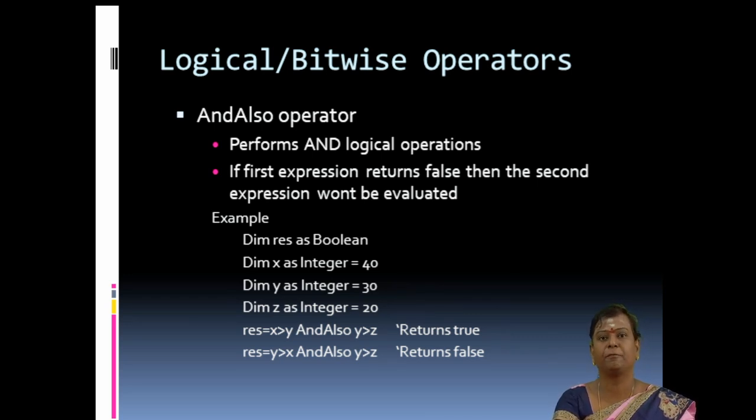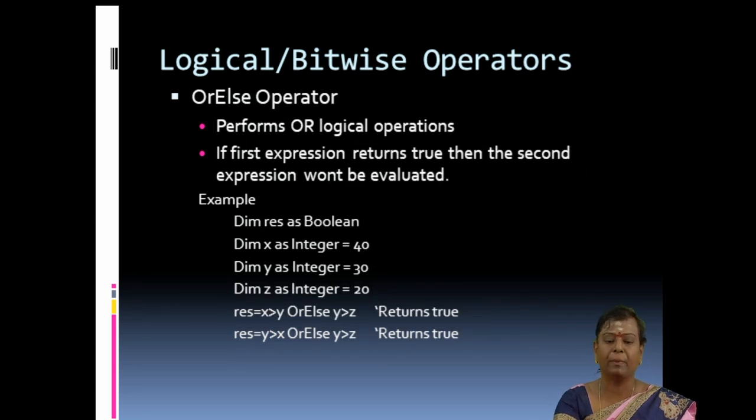If it returns false, then it will be considered false, because for the AND operator, only if both values are true will the result be true. So if the first value is itself false, it is considered a false statement. So it returns false. It won't check the second expression if we use the AND ALSO operator.